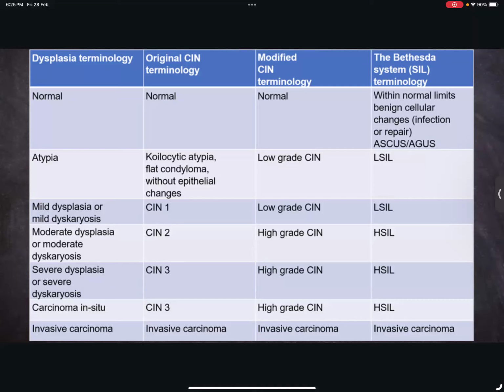Low grade squamous intraepithelial lesion is equivalent to CIN 1. Previously it was classified as 1, 2, and 3, but now only a two-tier system: low grade and high grade.